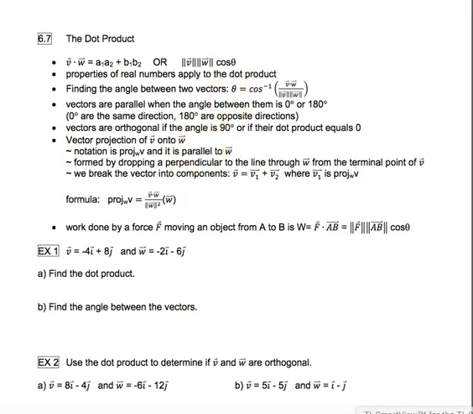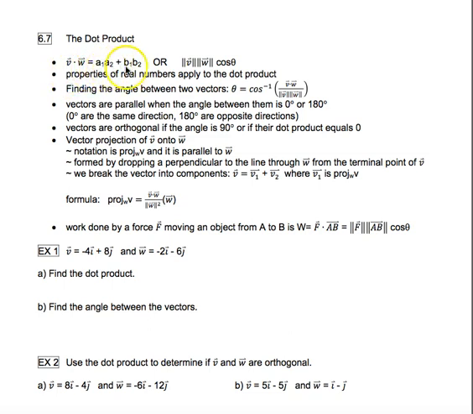All right, we're going to continue our discussion about vectors with what we call the dot product. So I had mentioned in the last lesson that we really don't have vector multiplication like we would think of normal multiplication. So we use the symbol that looks like multiplication, but it's not exactly multiplication.